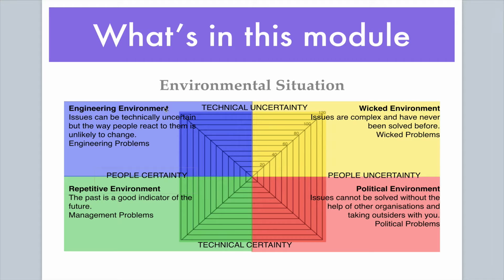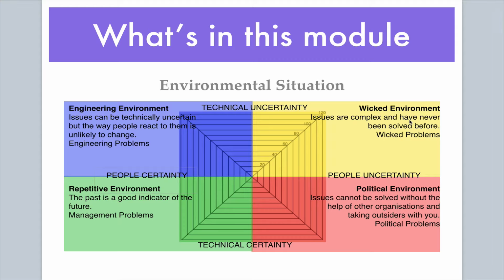Up here, where it gets a bit more technically uncertain, but still fairly people certain, we get an engineering type environment where a lot more skill is required to produce the products, but essentially there's agreement about how to do it. Over here we have uncertainty around the people thing. Essentially technically fairly certain. These tend to be political environments. Issues can't be solved without the help of other organizations, taking outsiders with you.